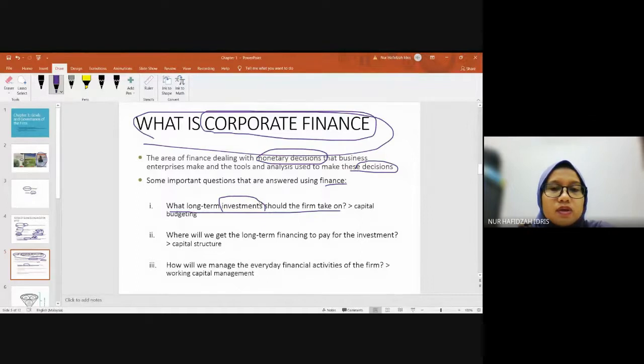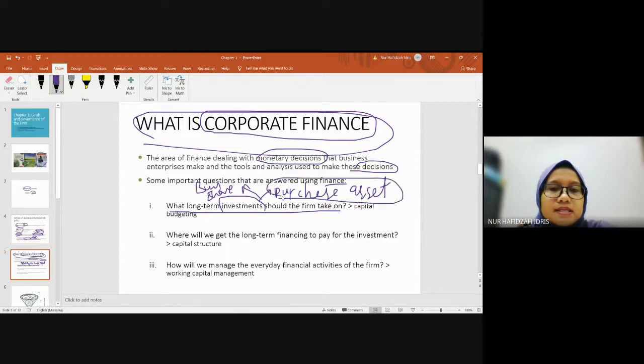So when we talk about investment, this involves the purchase of asset. Okay, another one investment yang you selalu dengar dengan company tu akan buying share, saham sebuah syarikat. So what is long term investment in the purchasing of asset?